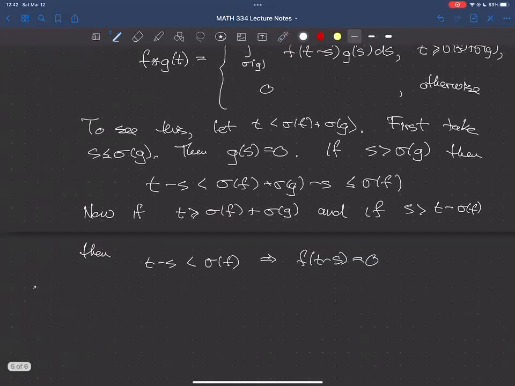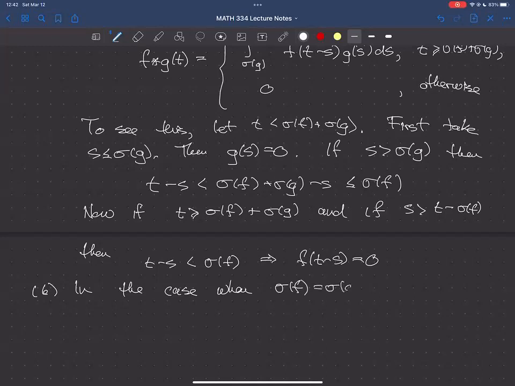And so let's look at the case when sigma of f is equal to sigma of g is equal to 0.